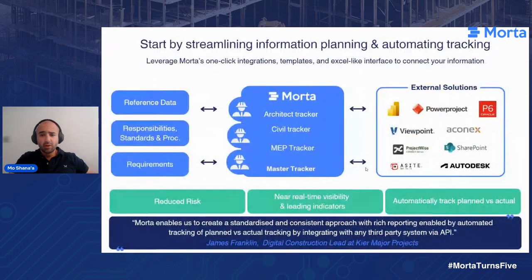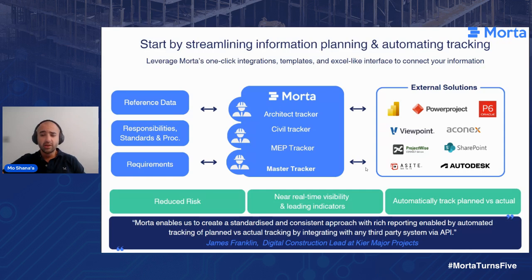Now, the first key use case that all of you are starting with is streamlining information planning and automating tracking. So often you'll move your requirements and your reference data and your responsibilities and standards and procedures into the platform instead of having it on Excel and Word. That will then connect with a master tracker, often known as a master information delivery plan, where the different supply chain members can access the system.